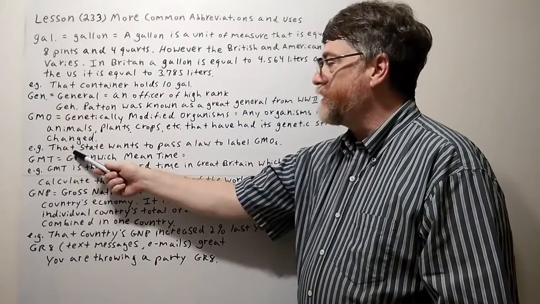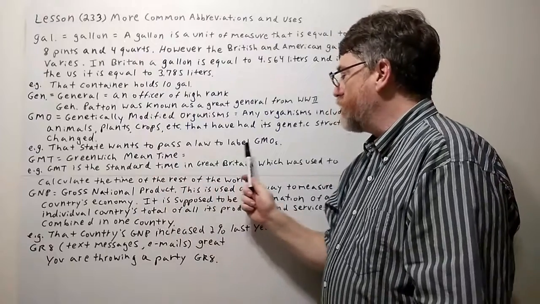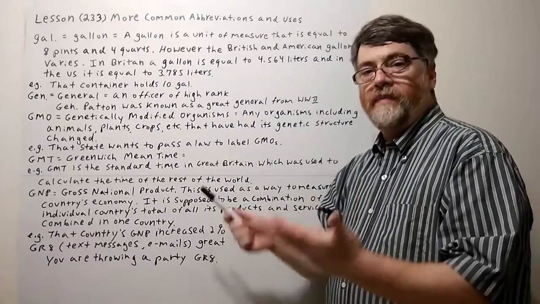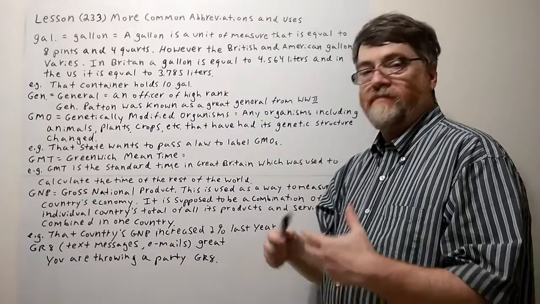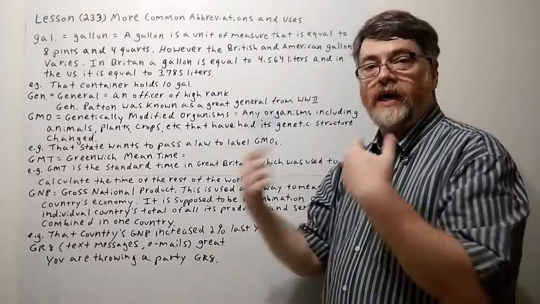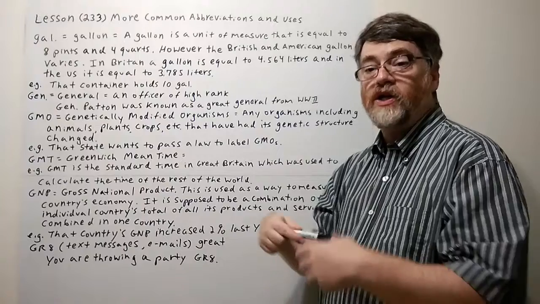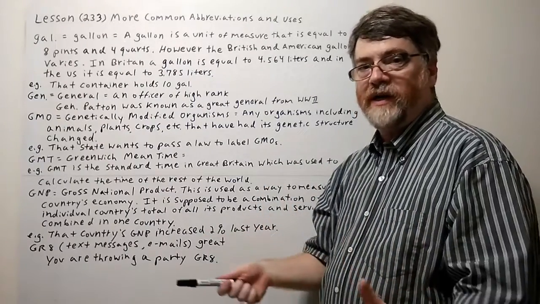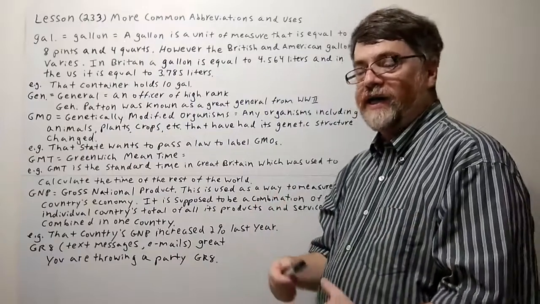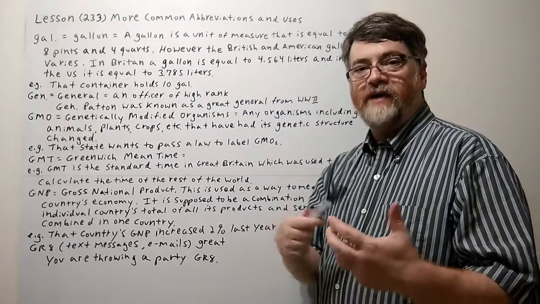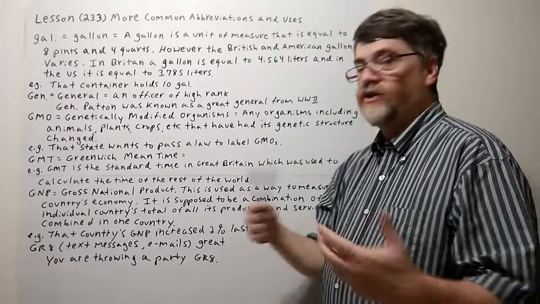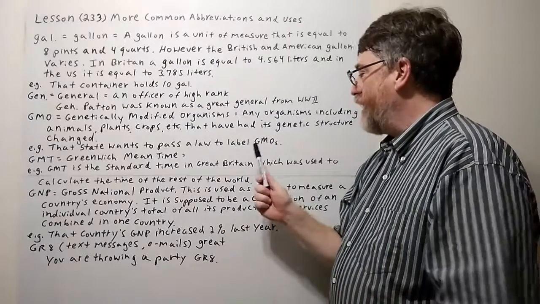Nowadays, the state wants to pass a law to label GMOs. Some people are worried that they may have issues in the future if they ate GMO food for many years. Maybe it might change the structure of your body, or it may have some other bad effect on your health, your internal organs. Who knows?